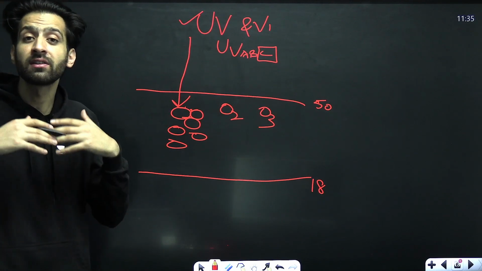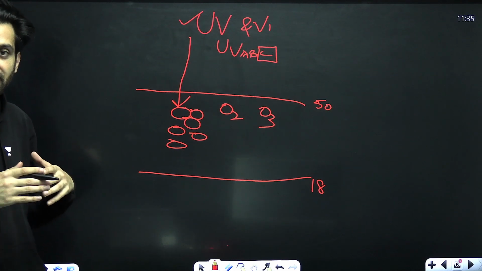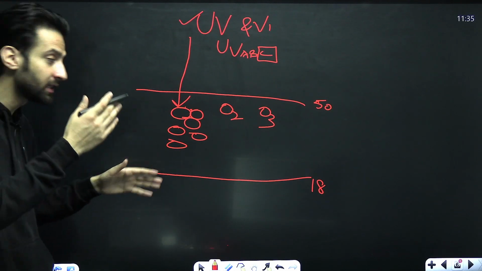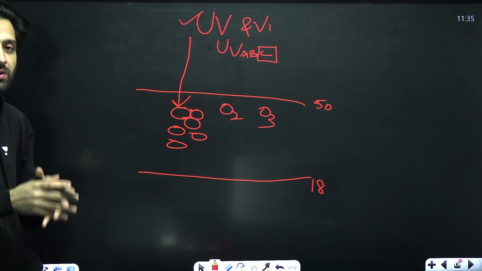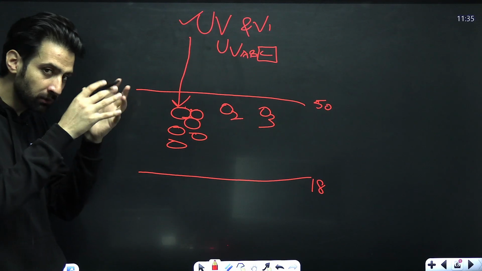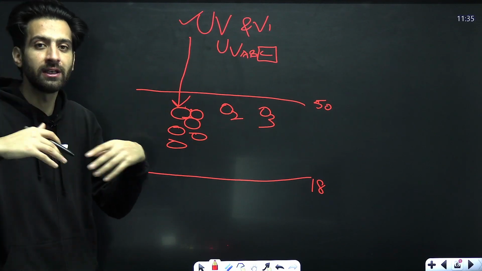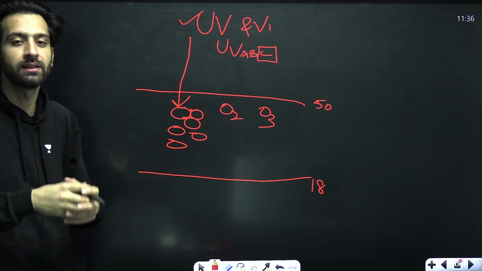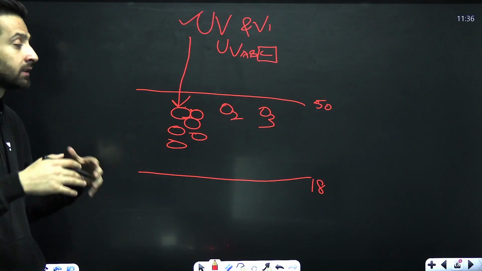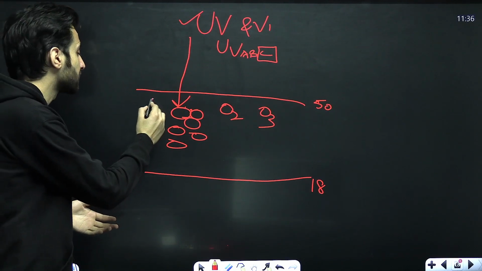That will result in release of heat, because this is an exothermic reaction in which the UVC is causing the breakdown of oxygen and O3 molecules. When the molecules will break, they will release more heat. They will release the heat they have absorbed while they were joining together. Once the heat is released, the temperature will increase in this region.